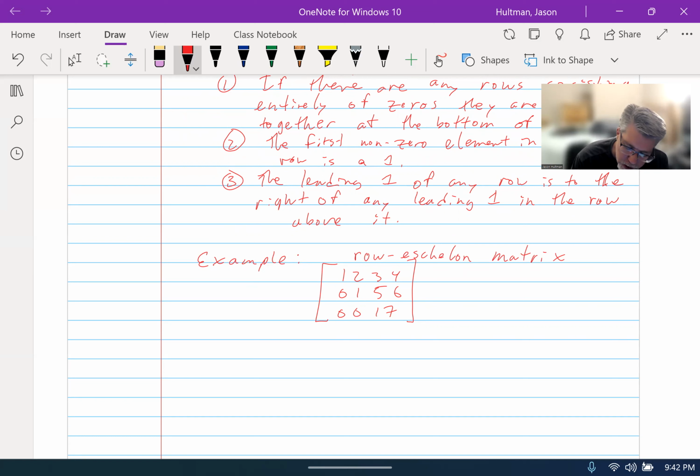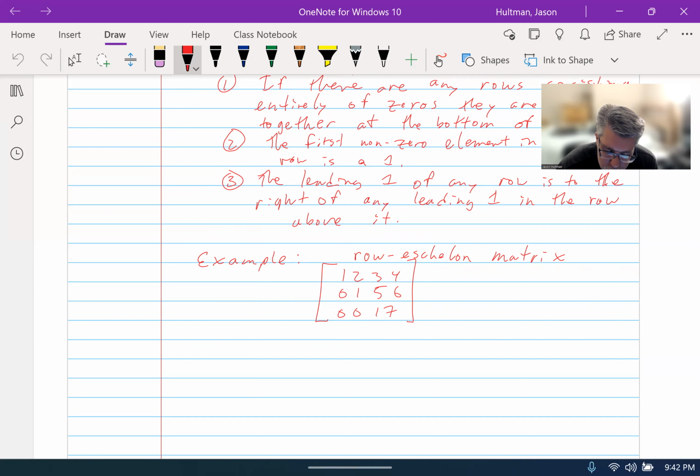Okay, notice that the first entry in each of the rows is a 1, and each of the rows has successive zeros in the beginning of the row. The more zeros you have at the beginning of the row, the further down you are in the matrix.